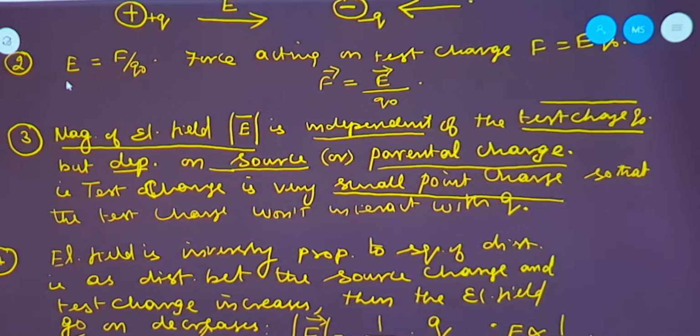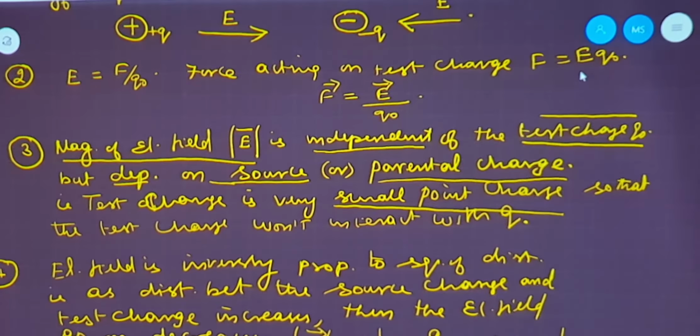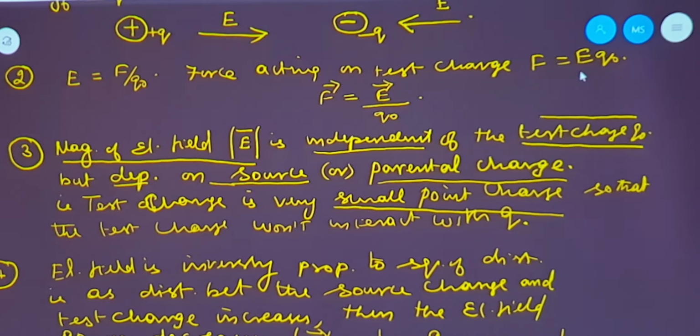See, the second one, we know in general, the magnitude of the electrical field E is equal to F by Q0. So what is the force experienced on Q0? You make a cross multiplication, you get the force experienced on the test charge, F is equal to E into Q0.